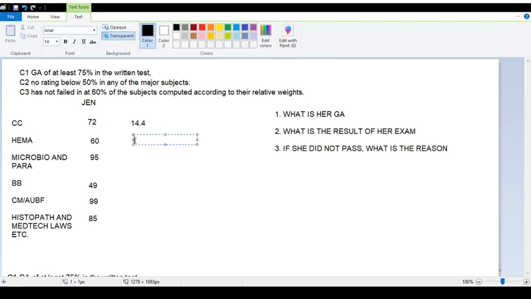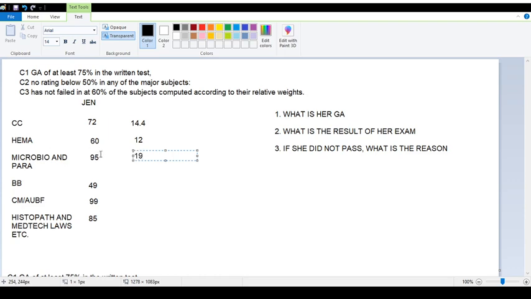So hematology, another 20%, that is 6 times 2, 12. Again guys, 20%, so you have to multiply their grades here by 20%. So you can use the calculator, 95 times 0.2 to get the 20%, or 9.5 times 2, pwede lang din naman yun, that is 19.